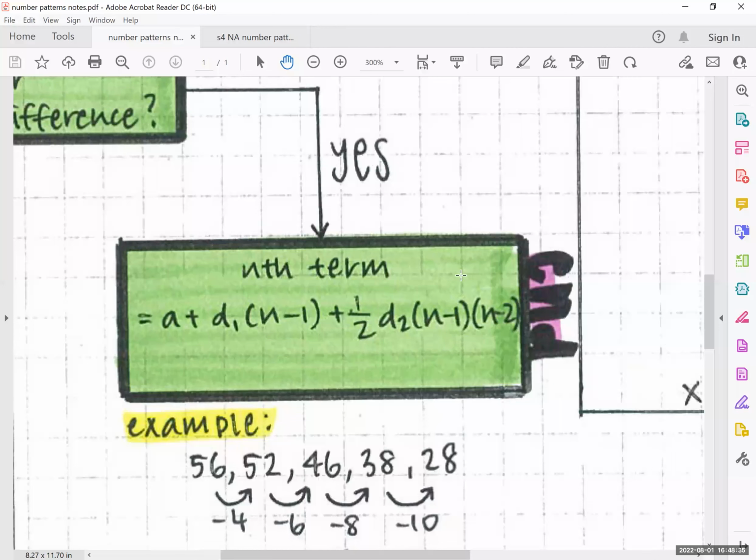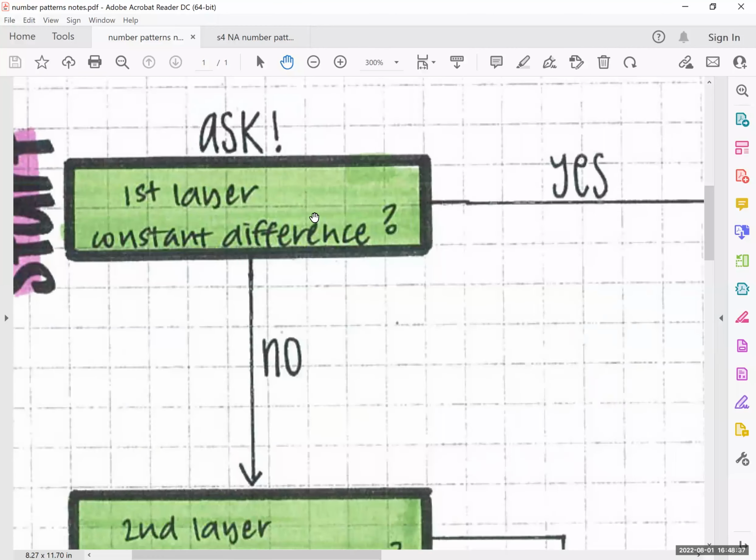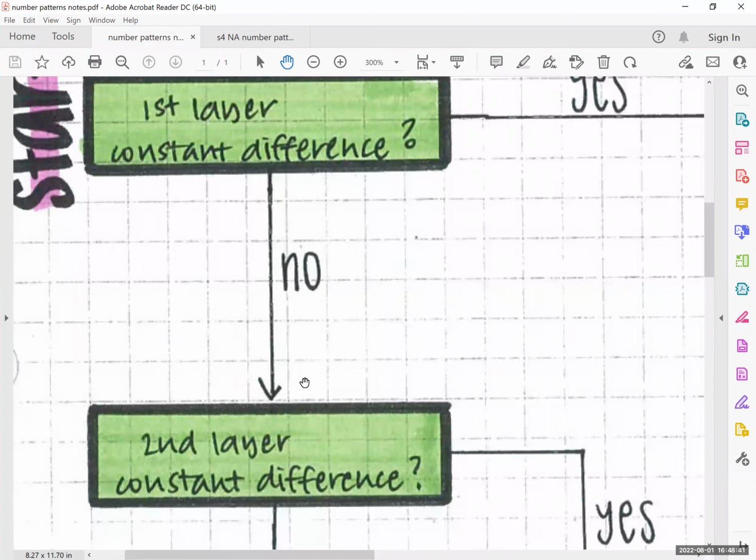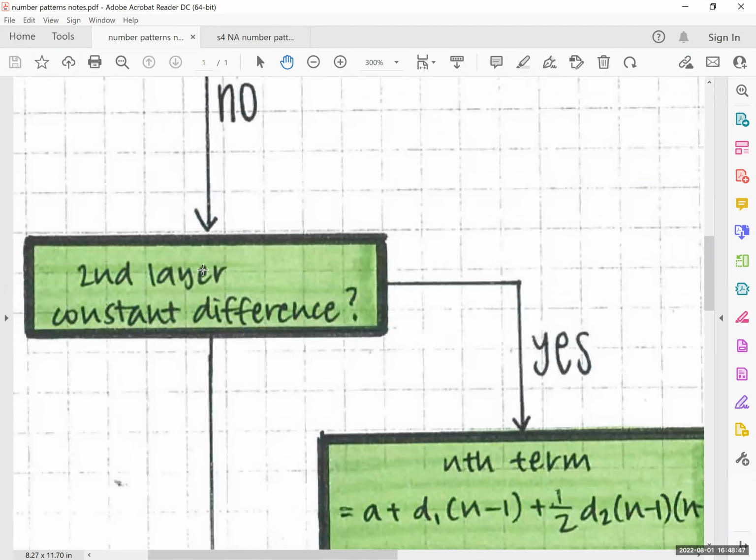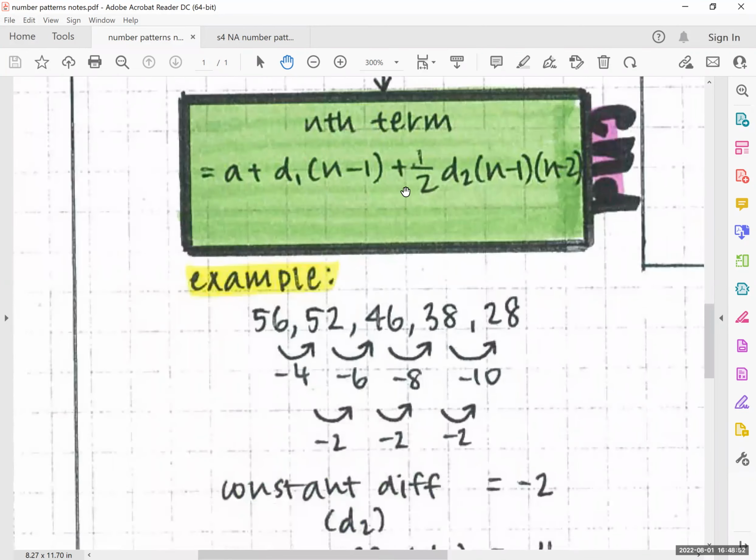So the next one doesn't have first layer constant difference. The next one is second layer, okay? So let's say first layer constant difference we don't have, then we move on to the second layer constant difference. Now, this one is more complex. So you can memorize this formula. This is also the same thing. A is the starting number. You can highlight that in pink. Starting number.